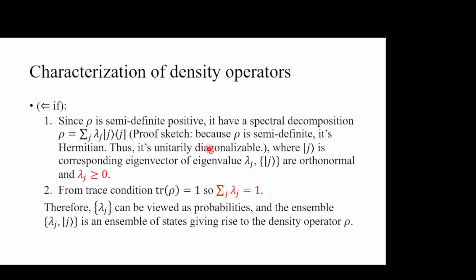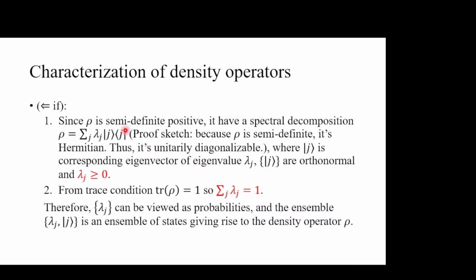And we have a short sketch of this claim. Because your rho is semi-definite, you can show that it's also Hermitian. And we have said that Hermitian matrices are unitarily diagonalizable because they are normal. Anyway, that's a different linear algebra thing that we should have worried about before.